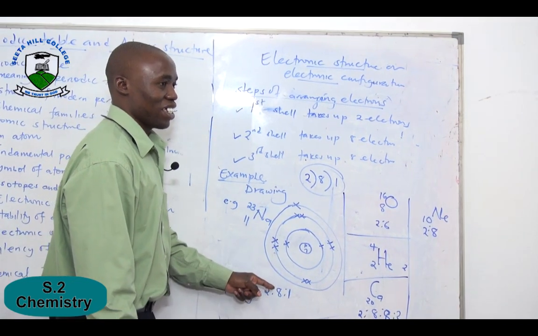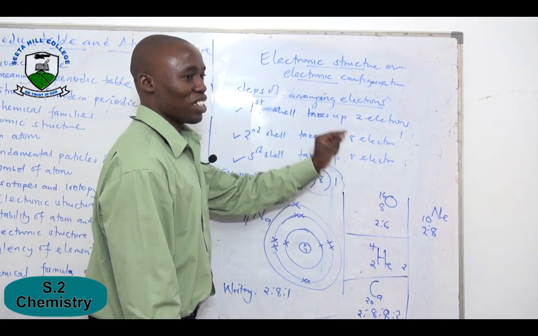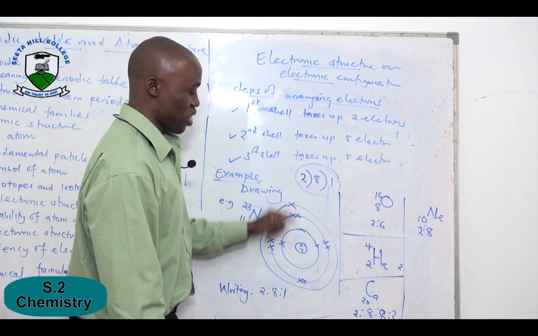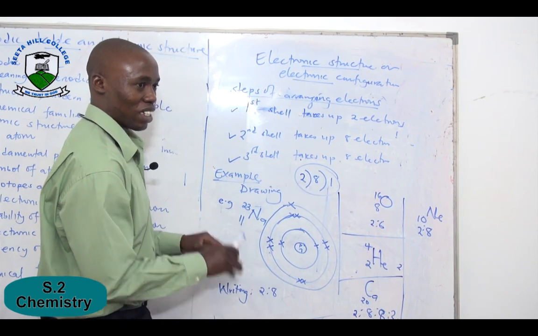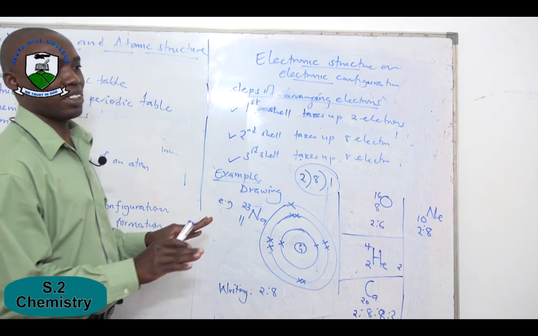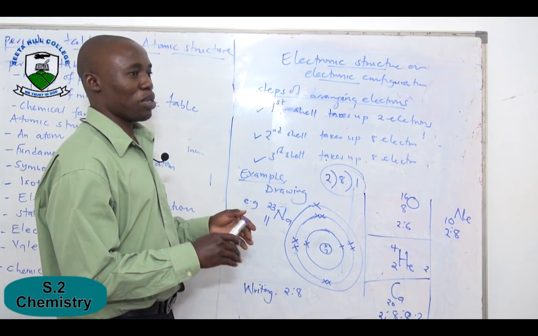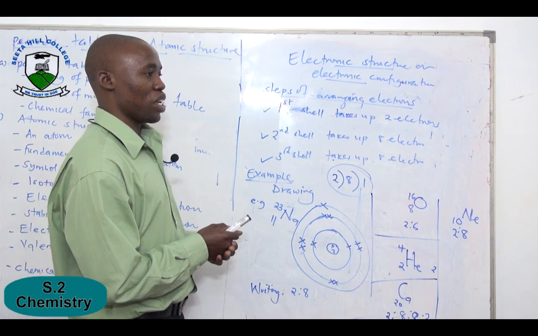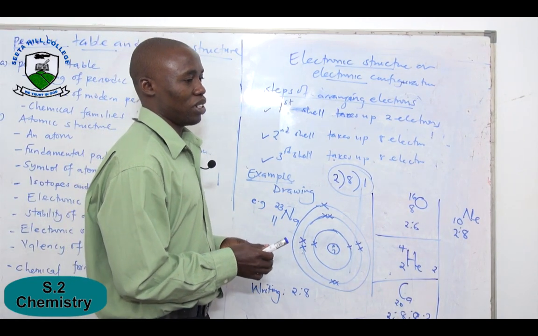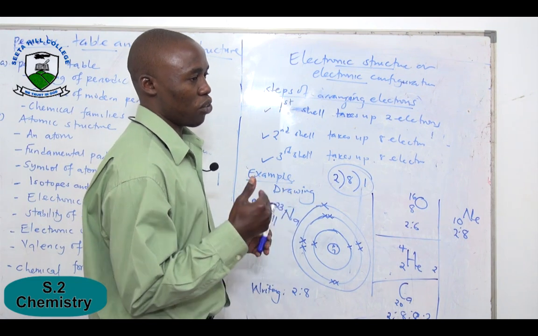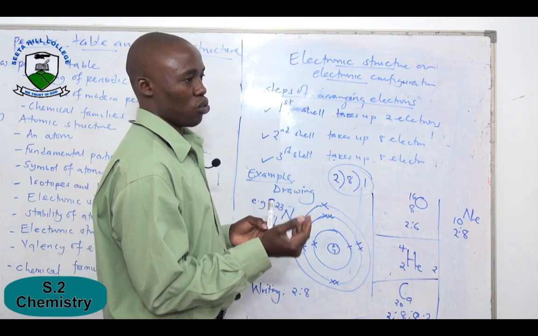That means oxygen will always gain 2, but sodium will always lose the last one, so that 8 is out at the last 8. See? That means atoms with fewer electrons, below half of what you need, will lose.